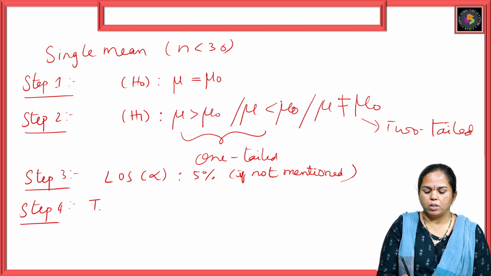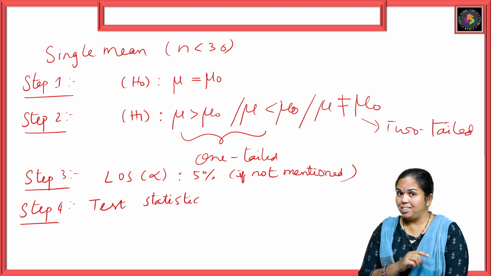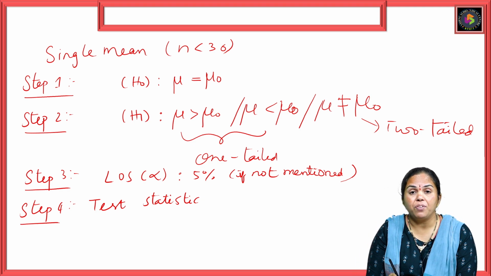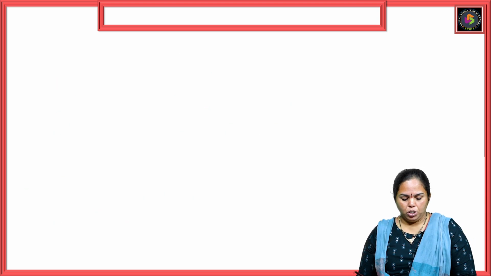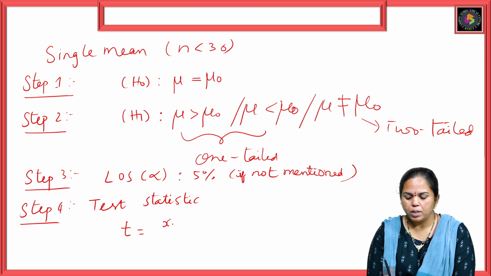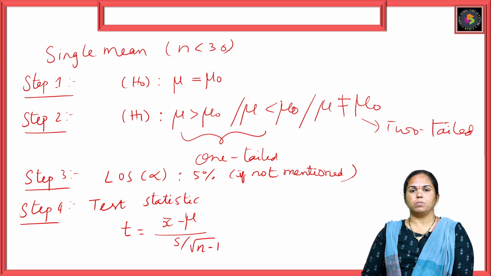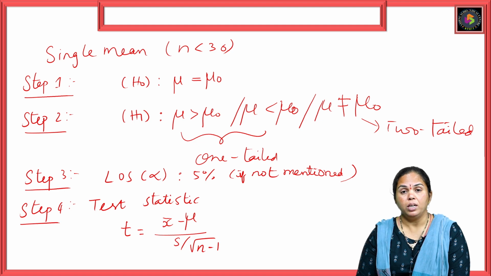Step 4, test statistic. There we used z equal to x bar. Now here we are going to use t. This t-test is also called student's t-test. T equal to x bar minus mu by s by root n minus 1. This is the formula.